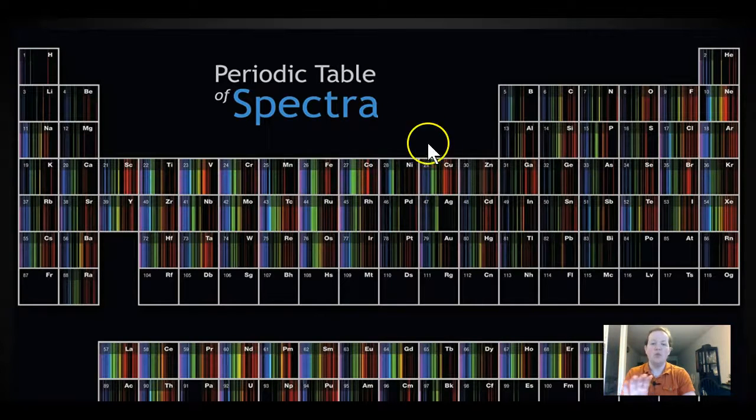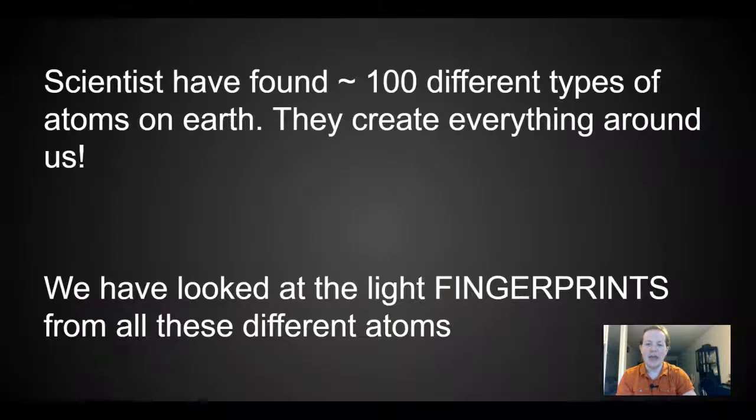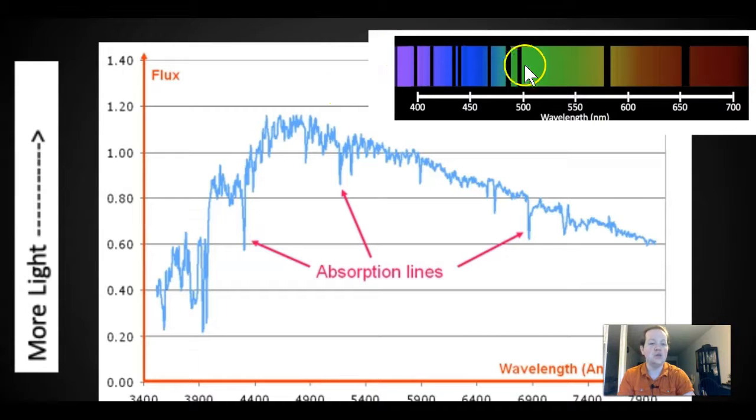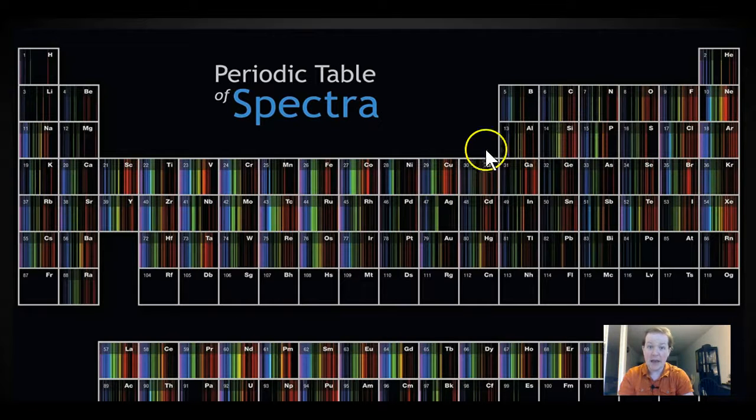me. So we can see these fingerprints here on Earth, and then scientists using a telescope can look up at planets and stars and galaxies, and they can look at the light. They can look at the light entering our eyes, and they can see this absorption, these fingerprints, and they can compare it.